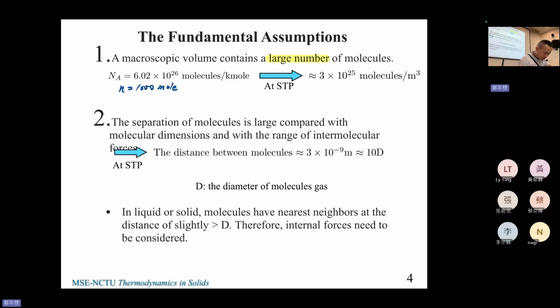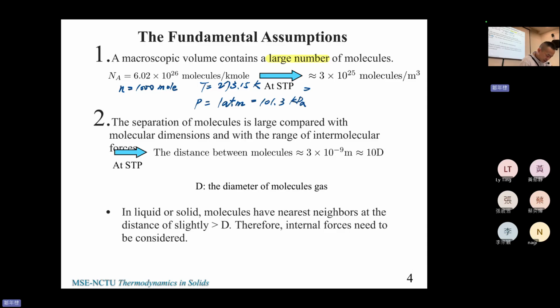And we know that typically our experiment is done at a temperature of 273 K, or 273.15 K, and the pressure is 1 atm, which means 101.3 kPa.